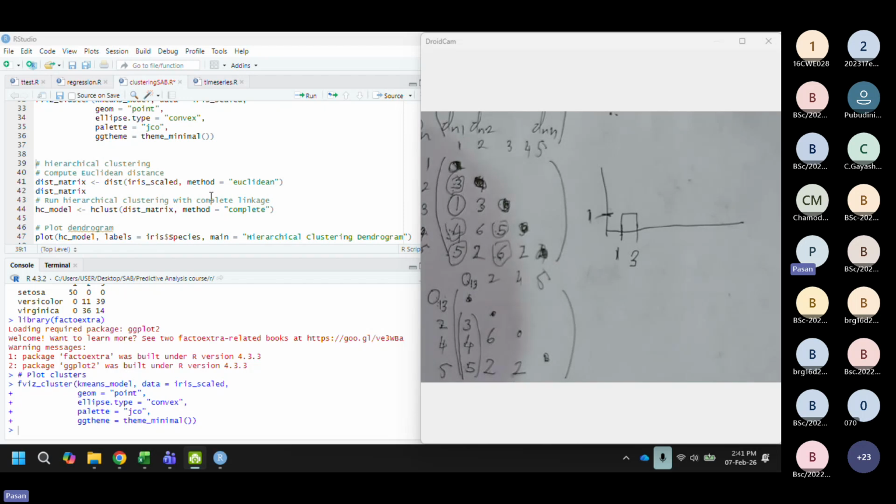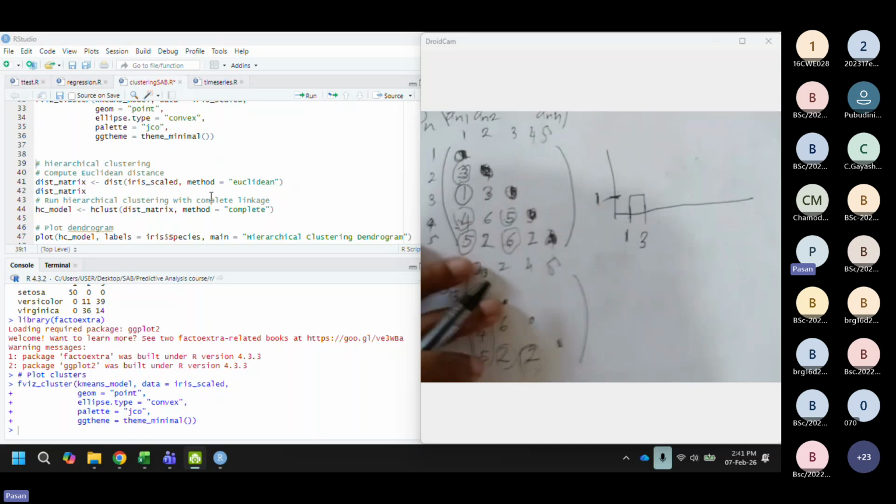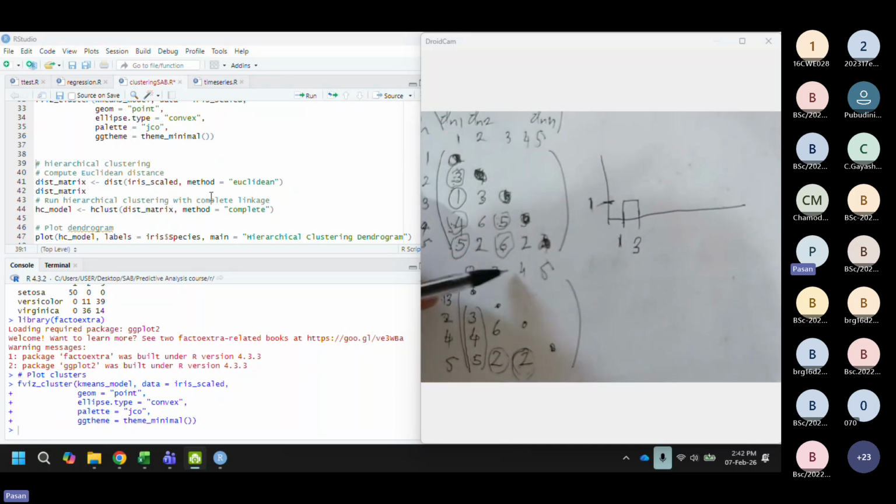Like that, you can keep on doing this by using the single linkage technique. That's the idea, you're finding out the new distances here. And then by looking at this again, you can see that the minimum is this one here, 2. So that means you can put 2, 4, and 5 together.